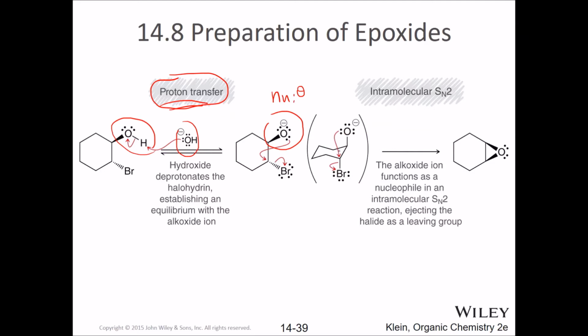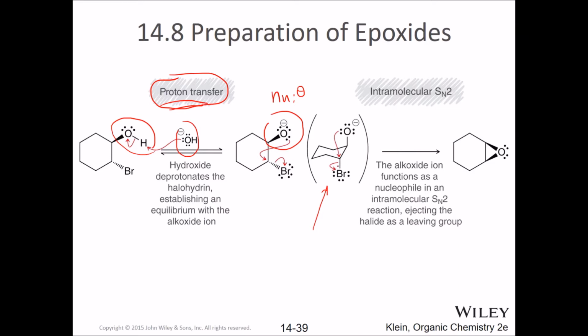Remember, if you've got a cyclohexane and this guy is in the axial position, this one's also going to be in the axial position if they're trans. 1,2 trans is both axial. Can you see how that's not as far reaching as it looks? This looks clumsy, and this makes it easier to see if you look at it from that angle.